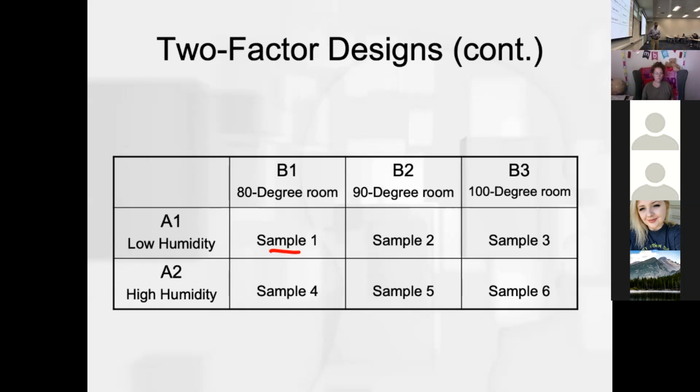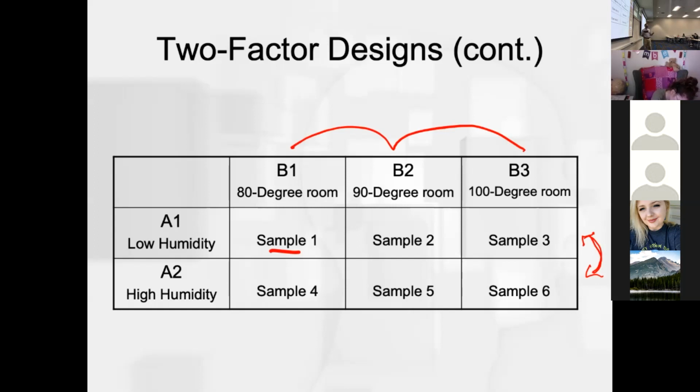Right? And so the benefit is it allows me to see if there is a difference between humidity, such that does humidity affect people's athletic performance. It also allows me to see if there is an effect of temperature on athletic performance.